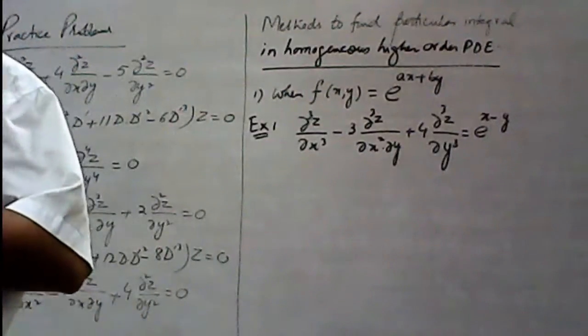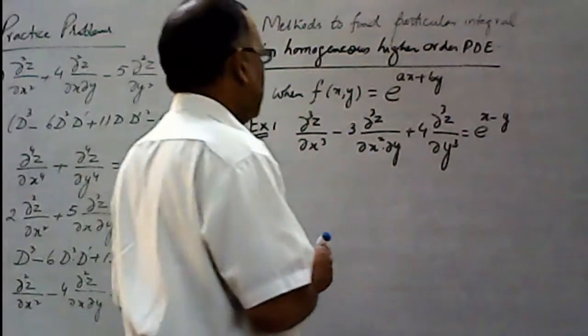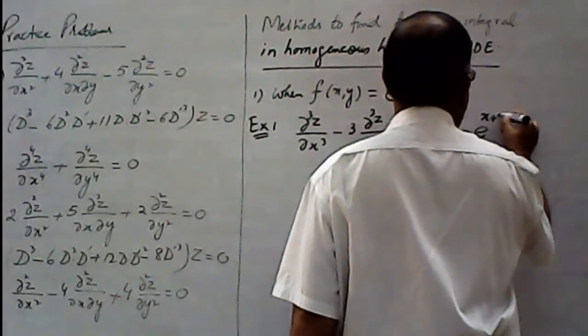On the right hand side we have an exponential, say e power x plus 2y.